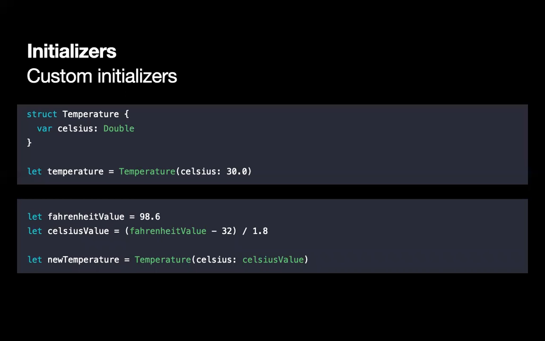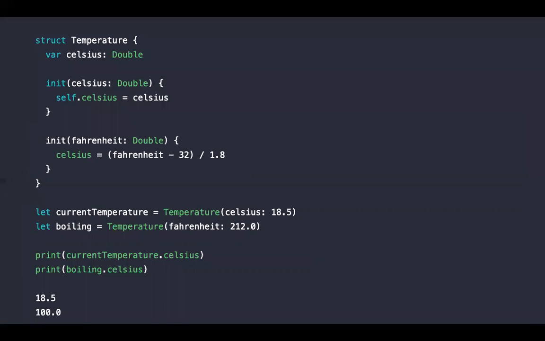Each instance of Temperature is created using a different initializer and a different value, but each ends as a Temperature object with the required Celsius property.